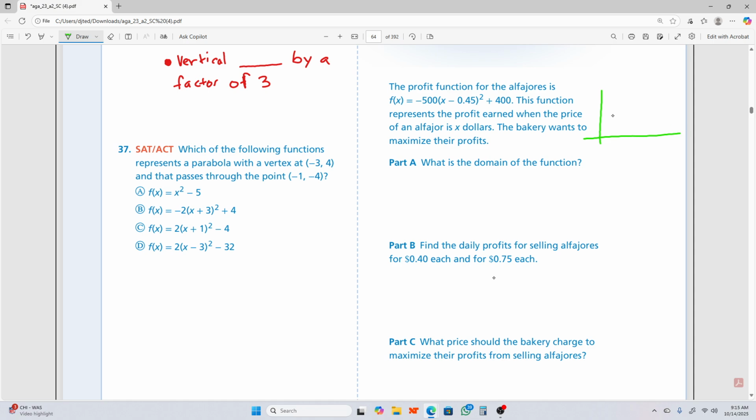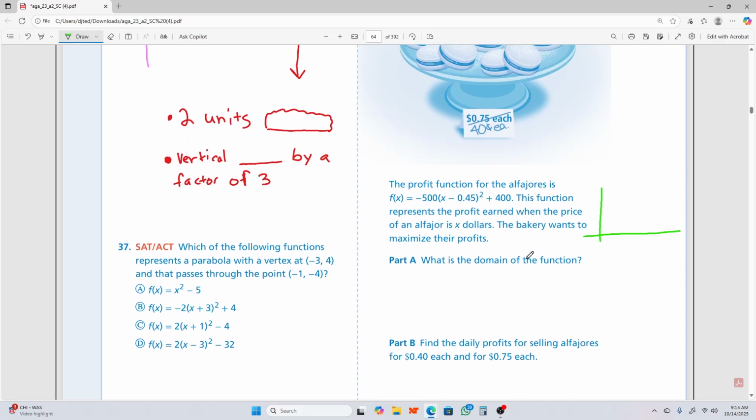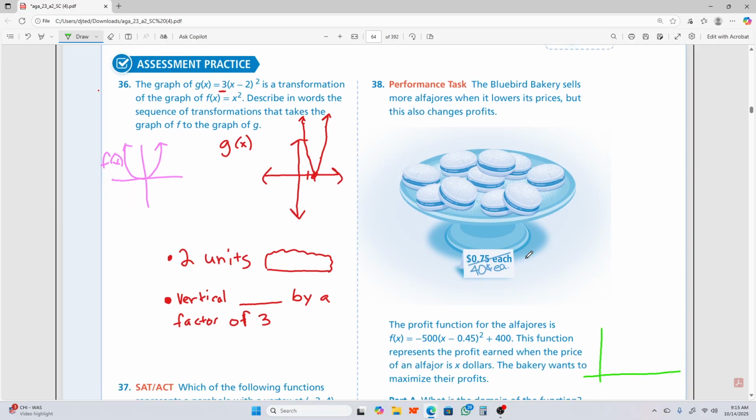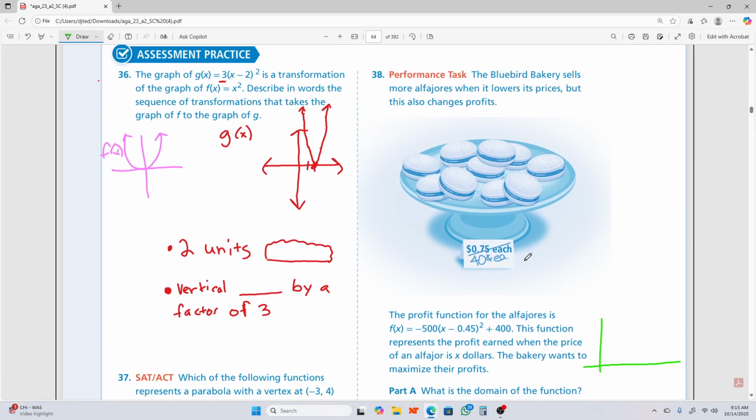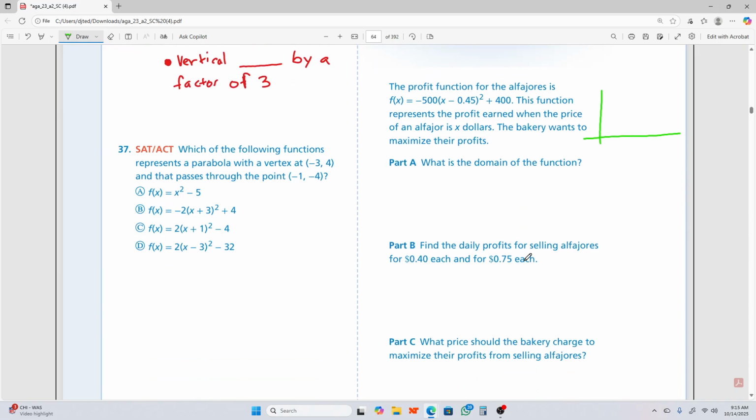So that would be the domain, because we're looking at a graph would be number of, wait, is it number? No, it's the price of the alfajores. Price. So they wouldn't have a negative price, my bad. So the price would start at 0. I mean, they're not really going to give any away.